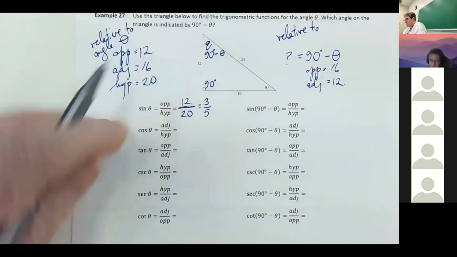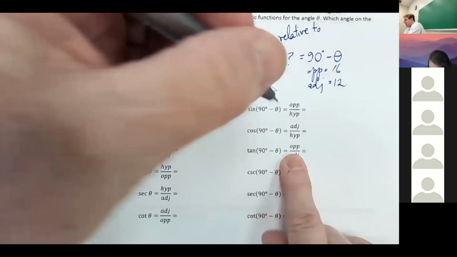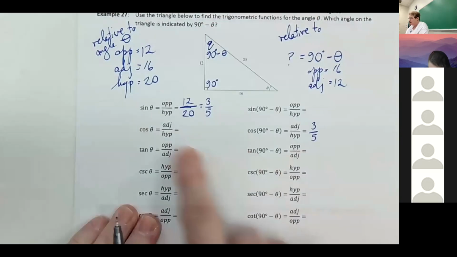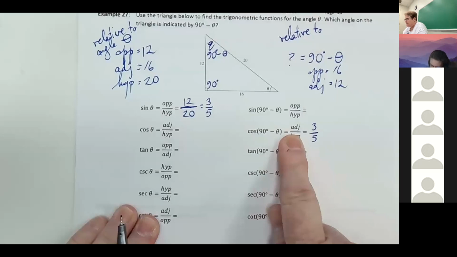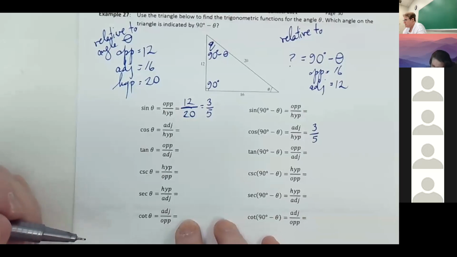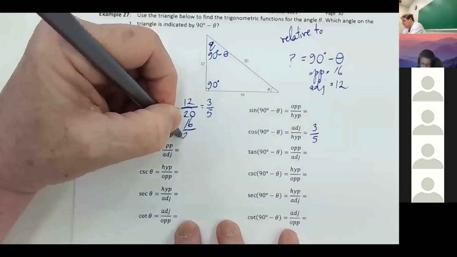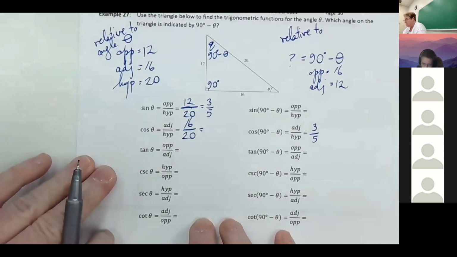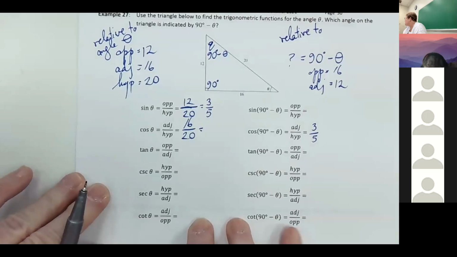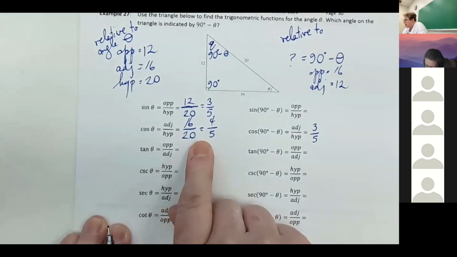Good. That means that the cosine of 90 minus theta must also be 3/5. They always go together. What is the cosine of theta? And can we reduce it? Good. That means that the sine of 90 minus theta is also going to be 4/5.